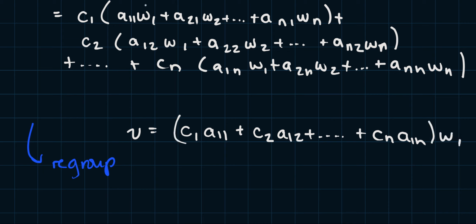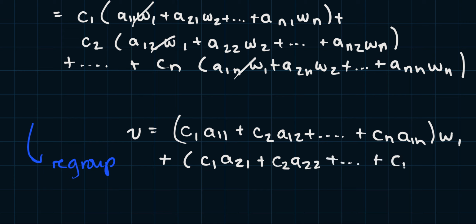You can see, crossing these out, plus C1 A21 plus C2 A22 all the way to Cn A2n, times W2. Continue this process.